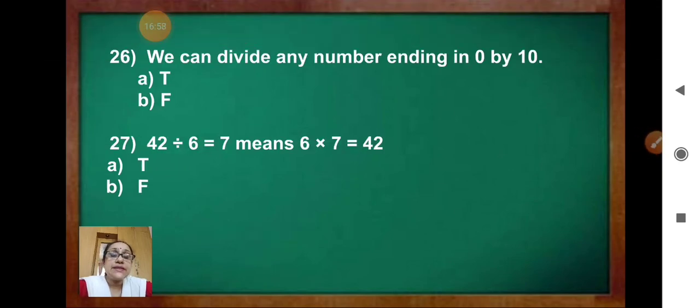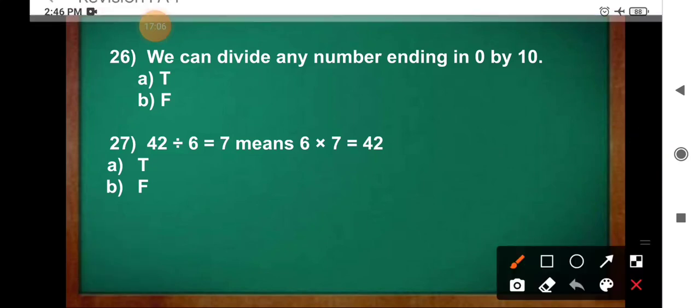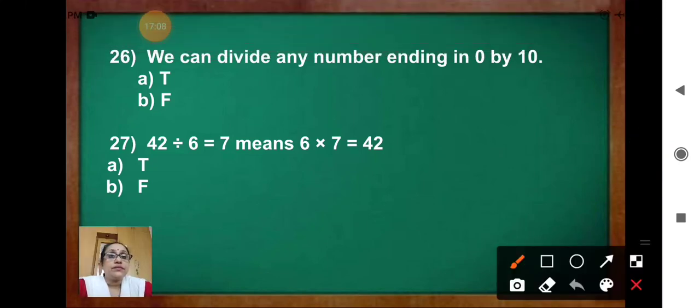Question 26. We can divide any number ending in 0 by 10. True or false? We can divide any number ending in 0 by 10. Yes, it is true. Question 27. 42 divided by 6 equal to 7.